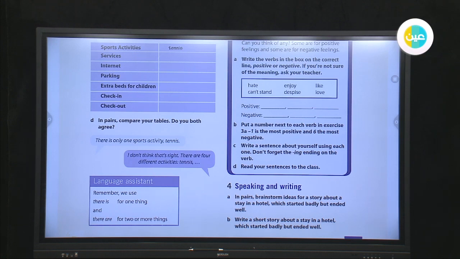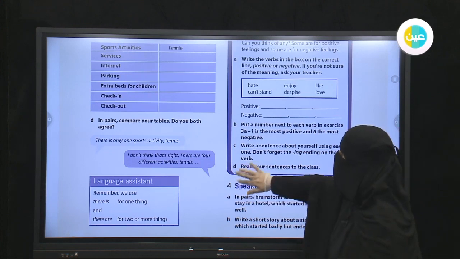There is only one sports activity, tennis. I don't think that's right. There are 4 different activities: tennis, squash, swimming, and bowling. Okay? Here we have an example.